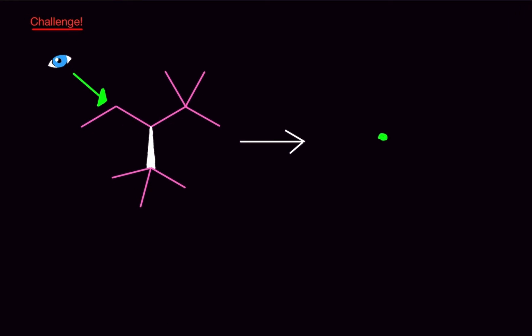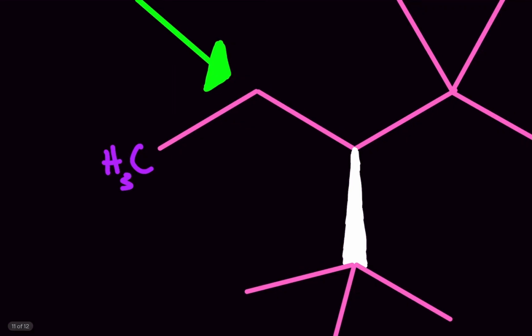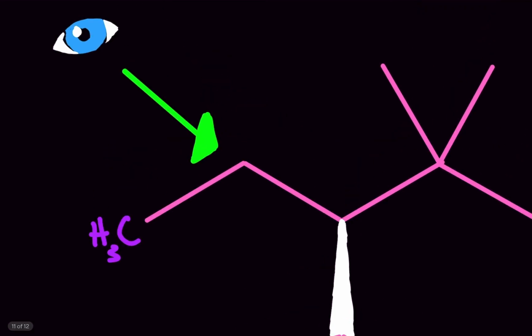Now let's identify the groups attached to the first carbon, the front carbon. We have a methyl group right here, and then we have two hydrogens, here and then here.